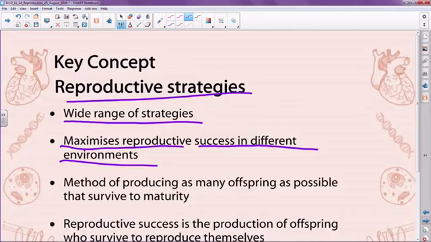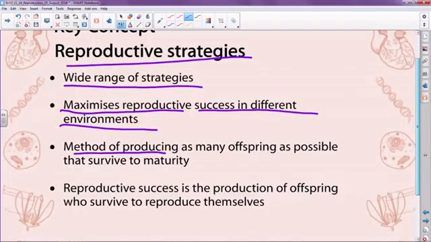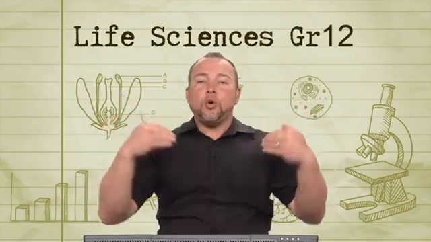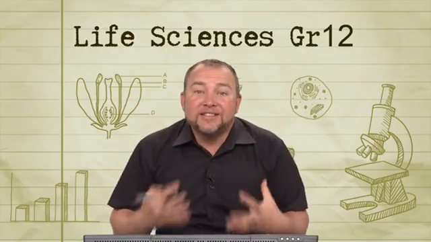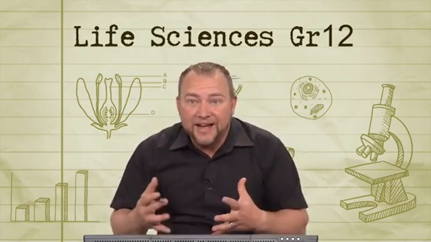You want to be able to survive in those specific places and different areas. Next, the method of producing as many offspring as possible that survive to maturity. The more offspring you have that survive, the better for the species. What you do to get that survival rate up is a reproductive strategy.